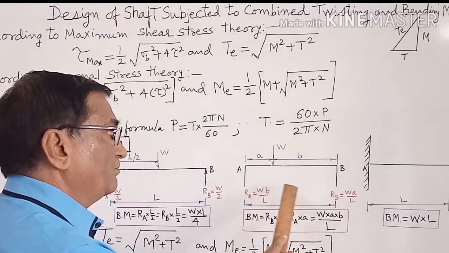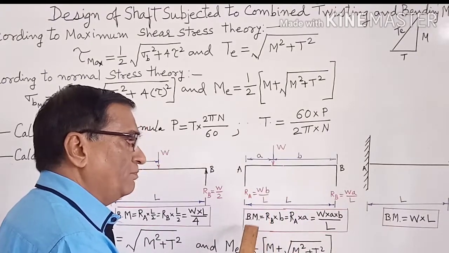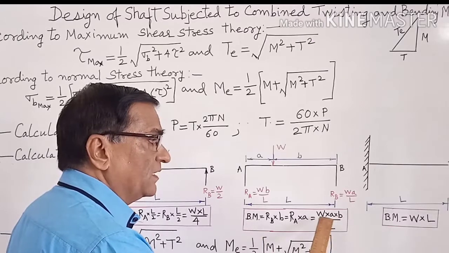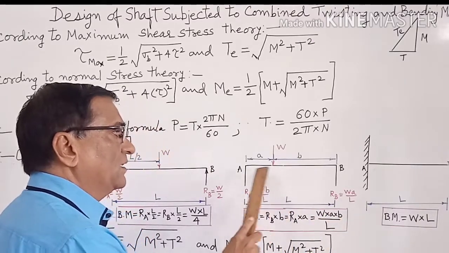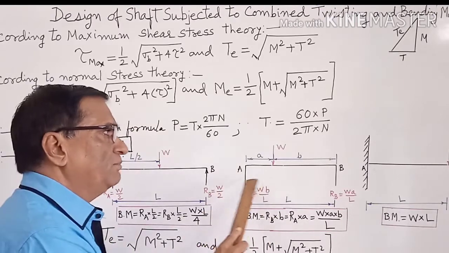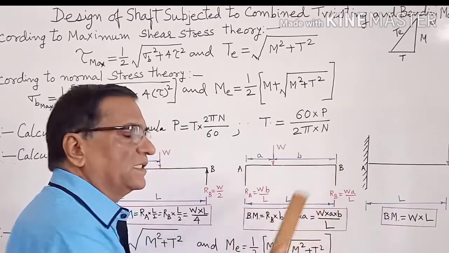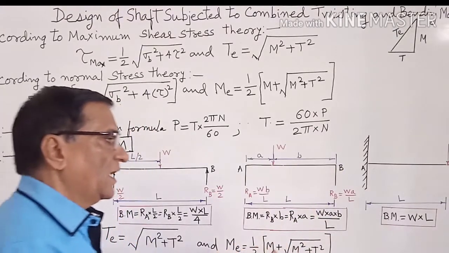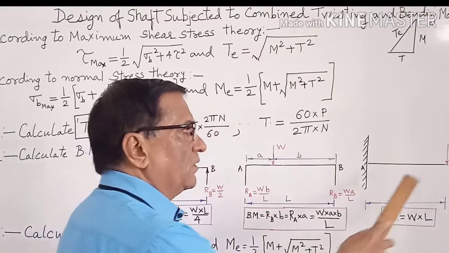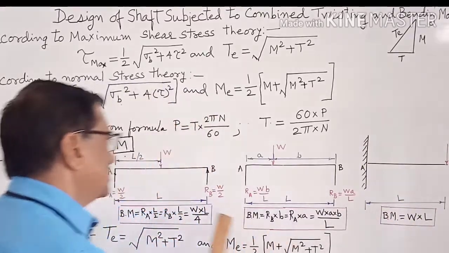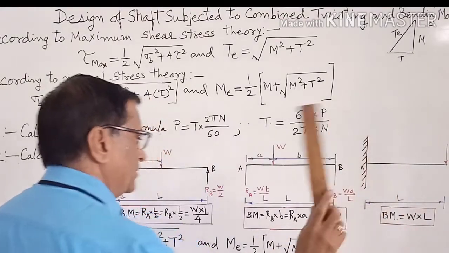Suppose this is the offset case, the maximum bending moment will be WAB upon L, where A is the distance of the left hand bearing from the load, and B is the distance of the right hand bearing. For the cantilever, we will remember load into distance. So instead of calculating from first principles, we will remember these values.